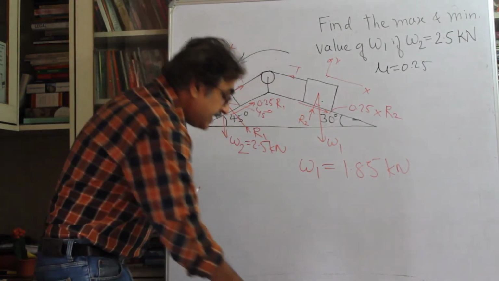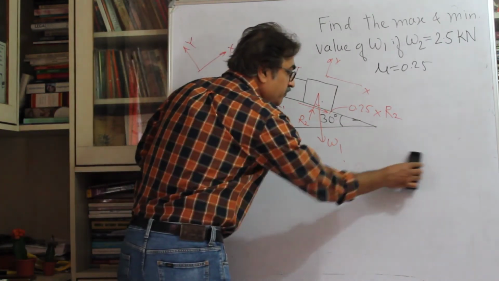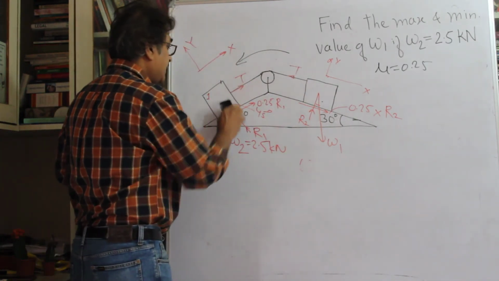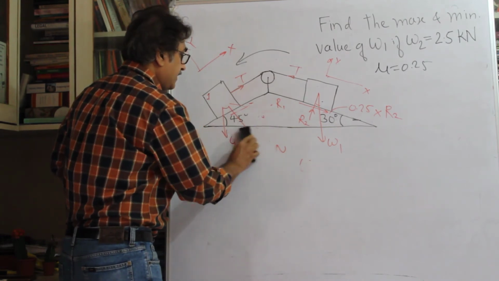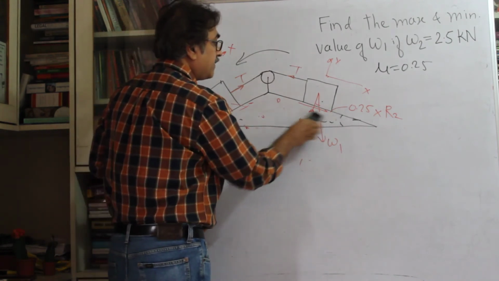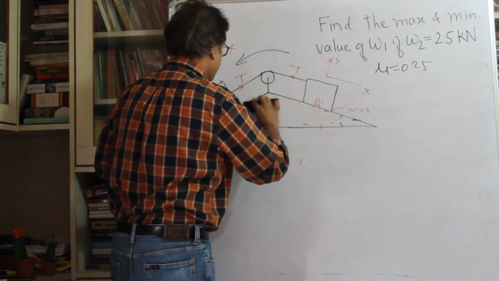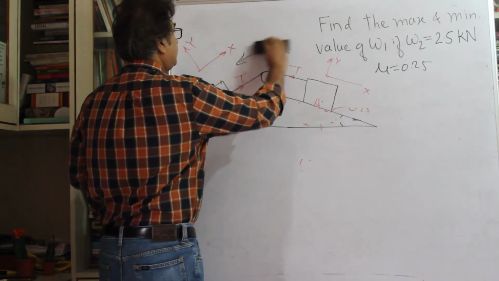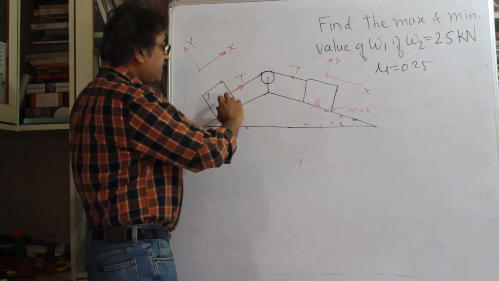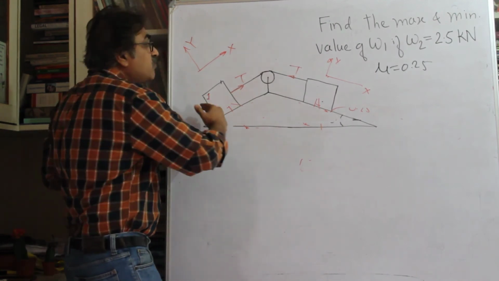Now let's consider the maximum value also. So what will change? What we want now is that the body should not just stop; it should be in the condition where it is about to move upward.